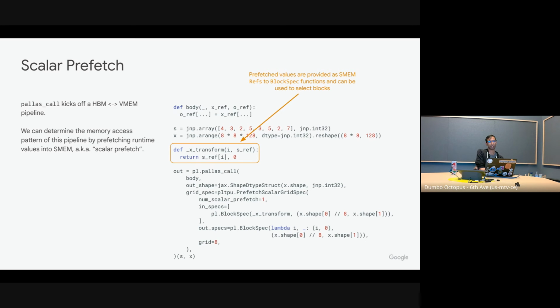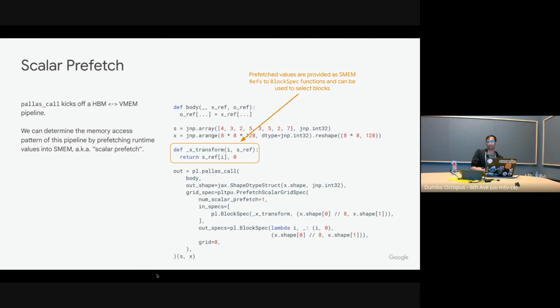And that's why it's called scalar prefetch. The idea is that before you kick off your pipeline, you spend a tiny bit of time copying something from HBM into SMEM, and those values in SMEM can be used to determine what values you fetch in the pipeline and what compute you do. In this case, you can see that we passed in num_scalar_prefetch equals 1.